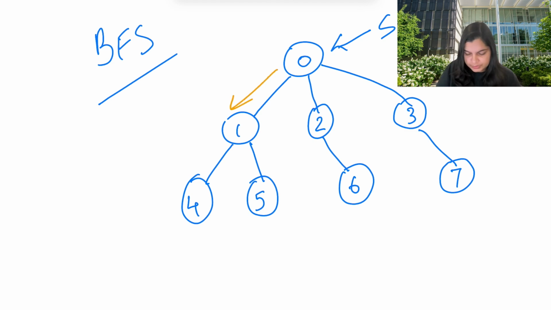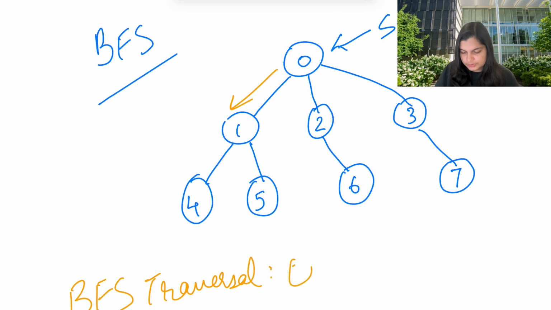So if we look at the BFS traversal, I visited the source node first. Now I went to 1. Now I have to find the neighbor of the source node. The next neighbor is 2. So basically, you're traversing the next neighbor. Once you've reached 2, then you go to 3. That's the next neighbor. Does my source node 0 have any other neighbors?